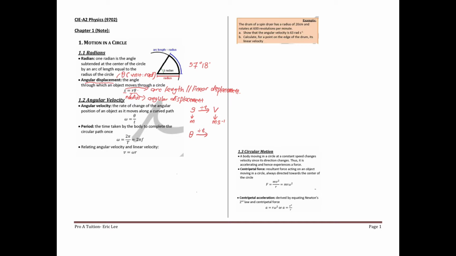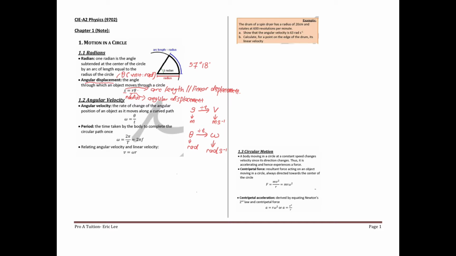The symbol for angular velocity is omega. Let's look at the unit at the same time. Like what I said just now, the unit for angular displacement is radian, and when you divide by time, you get angular velocity. So logically, the unit for angular velocity should be radian per second.